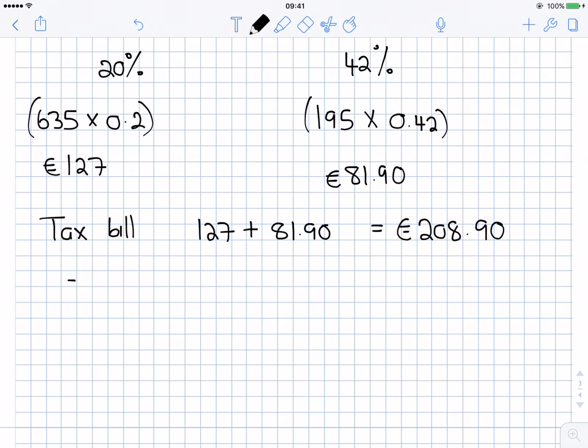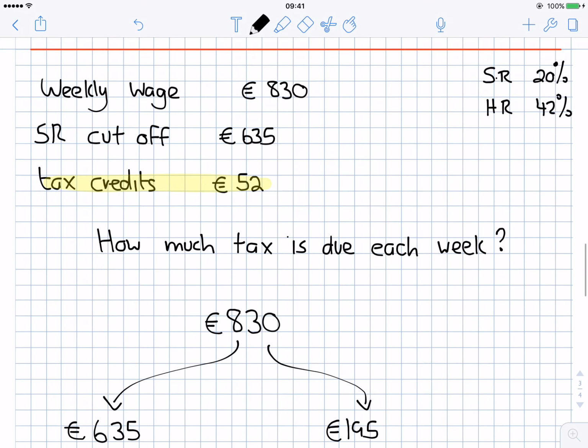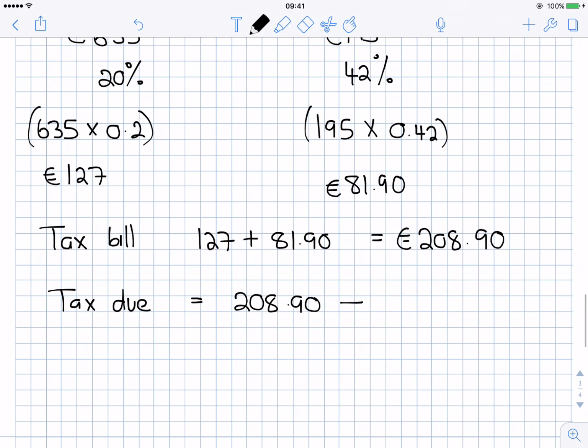So his tax due, the tax that he actually has to pay, is €208.90. Take away the bit that he's already paid, which we said was €52, which gives us a tax due of €156.90. So that's how much tax he has to pay each week.